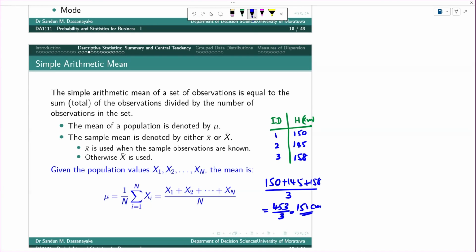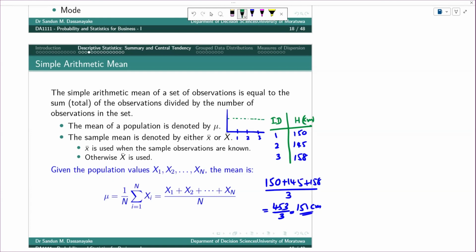Now, if you take a look at this, the simple idea of simple arithmetic mean is, if I ask you, out of these three individuals, what is the mean height? You would say 151 centimeters. And on the scale, if you want to draw them, you take 1, 2, 3, and then you can have a measure of, let's say, 150 to make it simple.